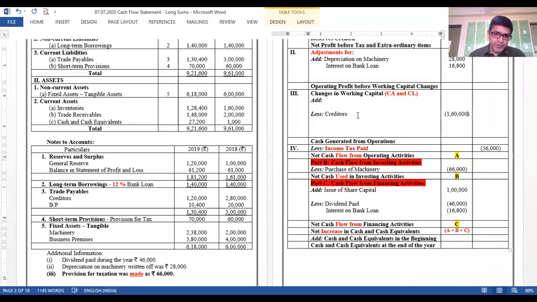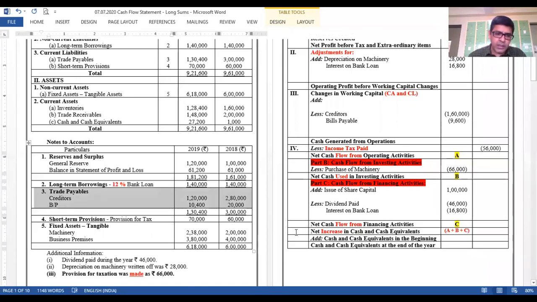Bills payable also has decreased from 20,000 to 10,400, right? So difference will be 9,600. So we have paid bills payable also, correct? I shall deduct over here 9,600. That's fine with me, and I'm sure everybody has understood this part.